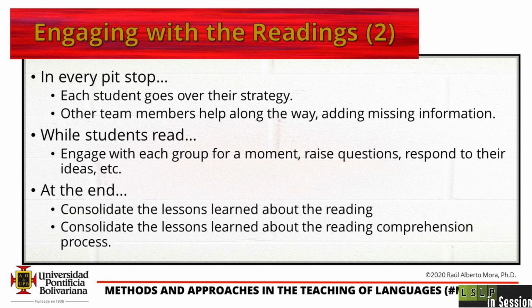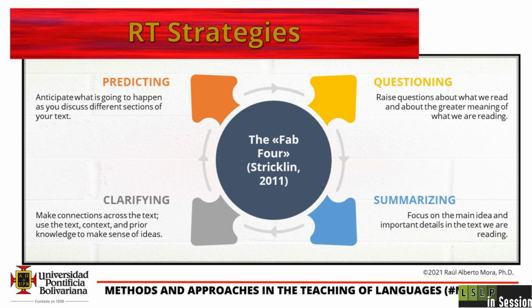Clarification, and let's go back to that slide. Clarification is about, okay, let's look up parts of the text that maybe we need to discuss further, or some vocabulary words that were not very clear, or this sentence was confusing. Questioning is more about the larger issues that you can generate or raise as a result of the reading.